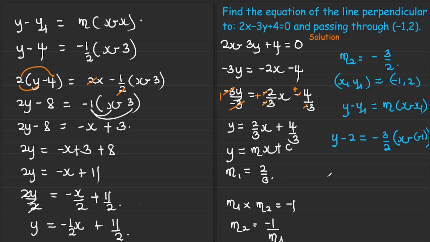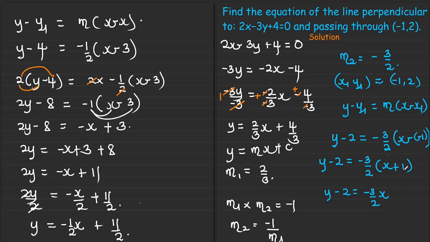So simplifying, we have y minus 2 being equal to negative 3 over 2 into bracket. That is solving the bracket first. We have x plus 1, because these two negatives are going to give us the 1. Simplifying further, we have y minus 2 equals negative 3 over 2 times x, which gives us negative 3 over 2x.